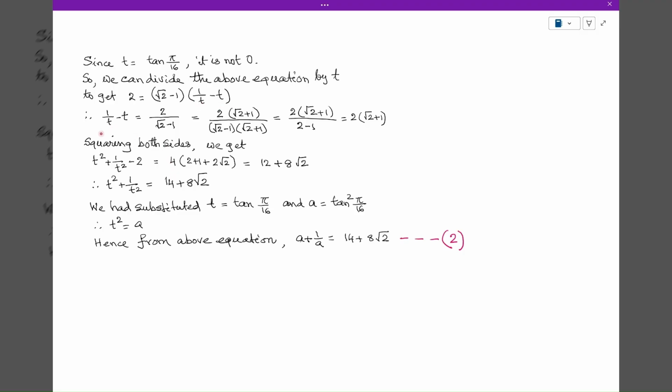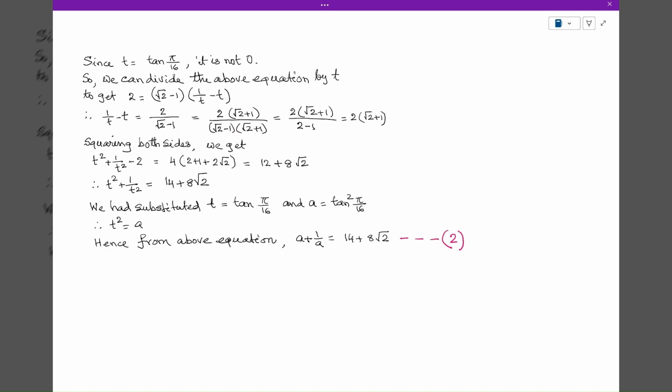or 1 by t minus t is equal to 2 divided by square root of 2 minus 1, that is 2 multiplied by square root of 2 plus 1 divided by square root of 2 minus 1 multiplied by square root of 2 plus 1.